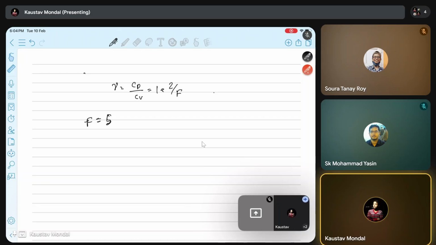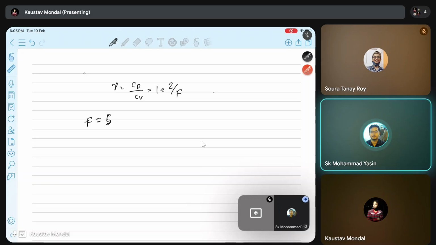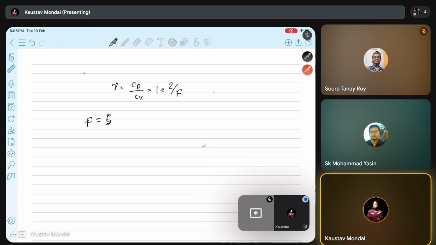Yeah, it should be six. No, triatomic gas has three translational degrees, and it depends on whether it's linear or non-linear. Here it's given as linear, so it would be five.